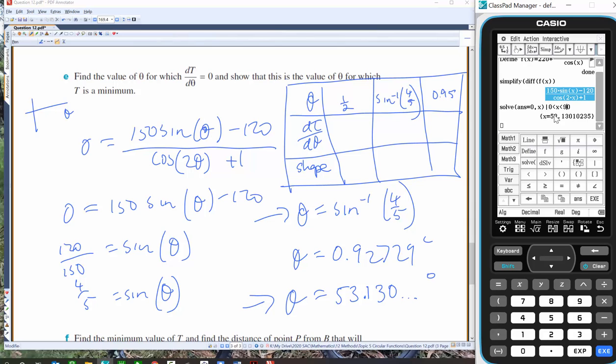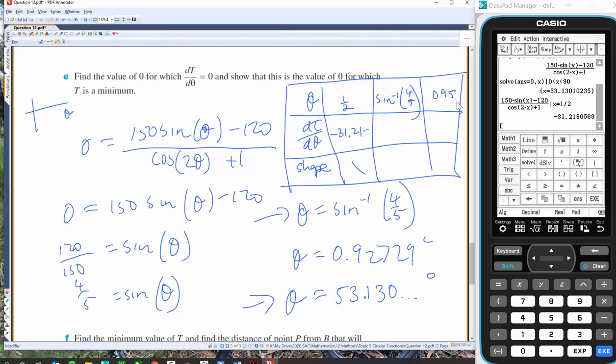So I'm going to grab my derivative function and I'm going to say, hey, what is your gradient when x is a half? And my gradient is, I'm in degrees mode, my gradient is negative 31.21... The point is I've got a negative gradient.